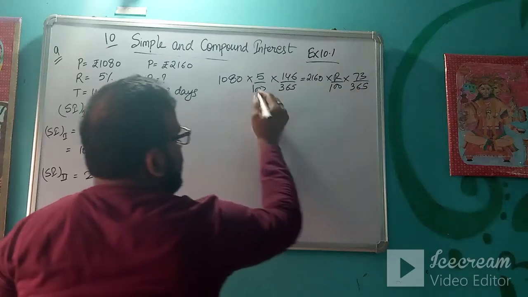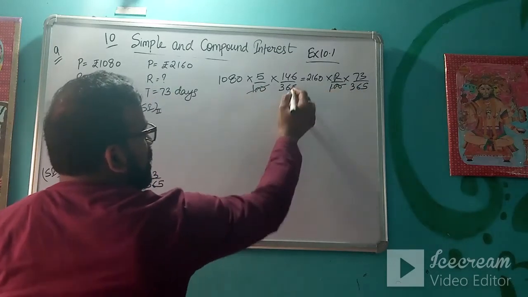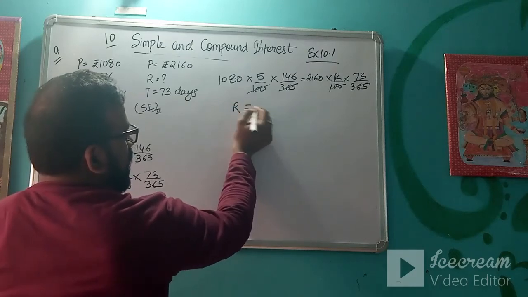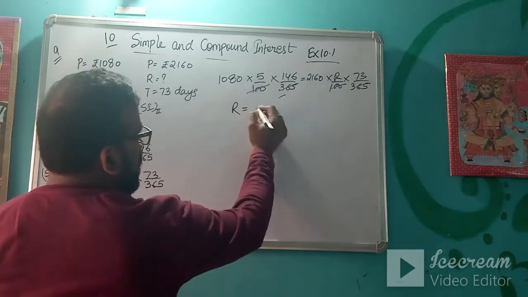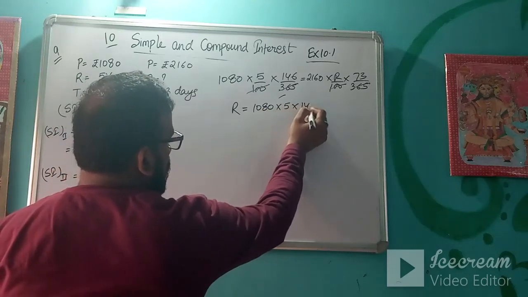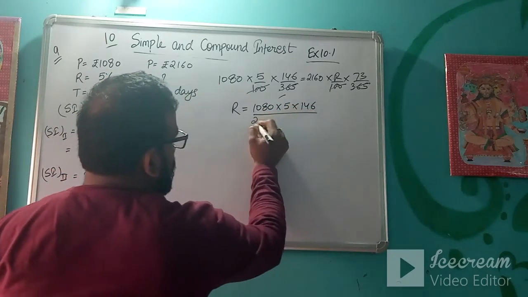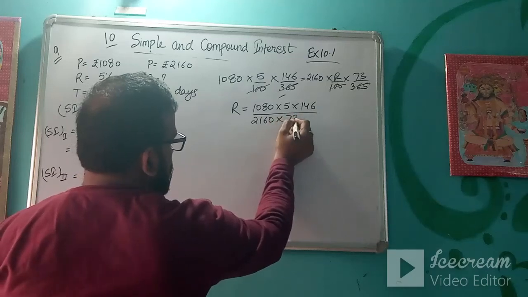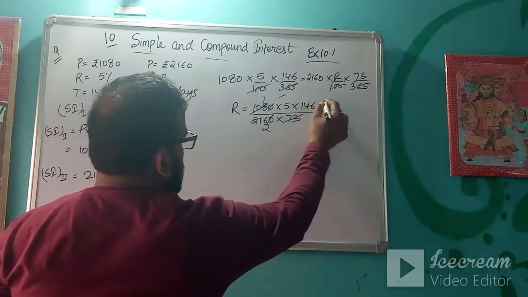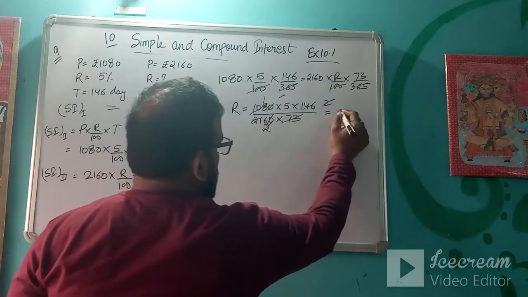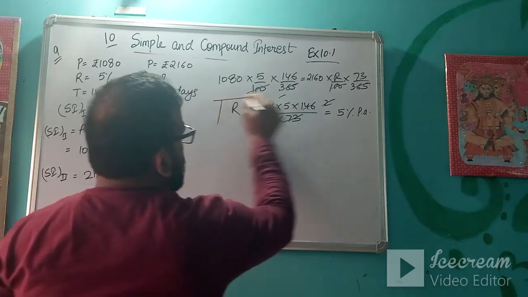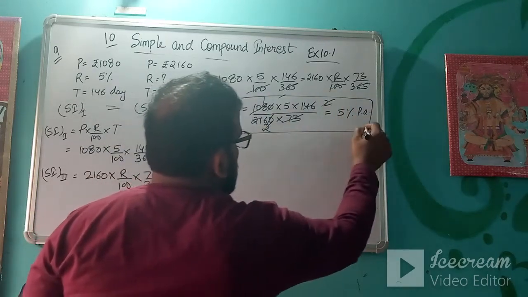So after some simplification, the 100 and 365 cancel out. So we will get the rate as 1080 into 5 into 146 upon 2160 into 73. So it is twice, it is also twice, so the answer will be 5% per annum. So this will be the rate.